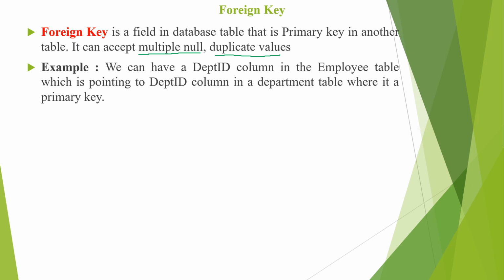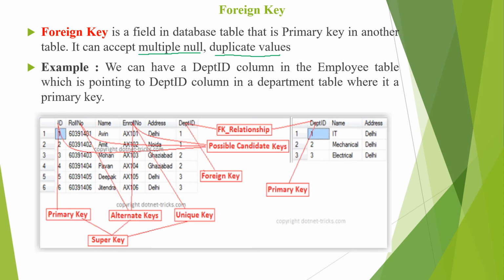For example, we can have a department ID in the employee table, which points to the department ID column in the department table, where it acts as a primary key constraint. There are two tables, the employee table and the department table. In the department table, the department ID field acts as a primary key, whereas in the employee table the same department ID acts as a foreign key constraint. From this figure you can make it out.